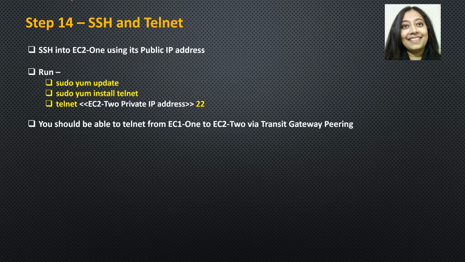So our setup is now complete and our transit gateways are now connected. Our EC2s are up and running, our VPCs have been set up, right? Our route tables have been modified. Everything has been done. So if everything was done correctly, then our step number 14 should be successful.